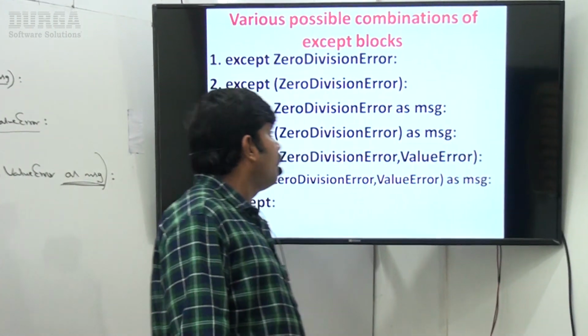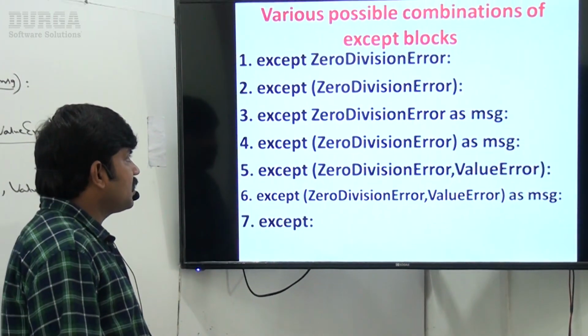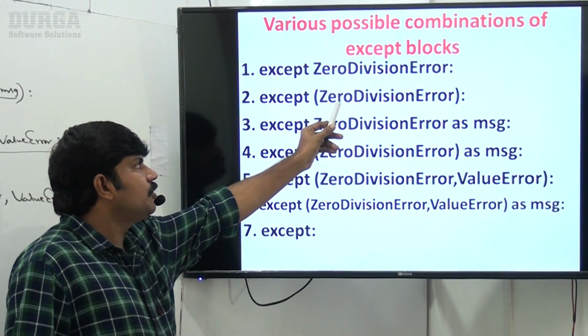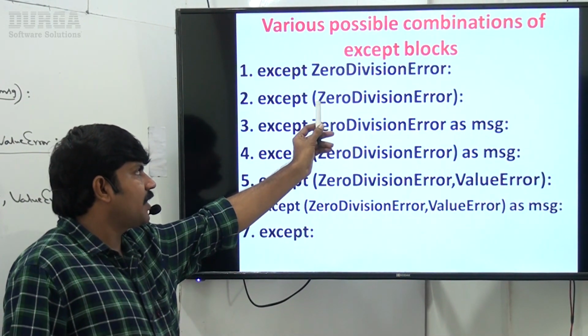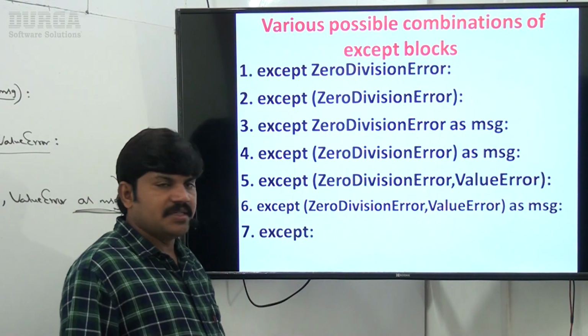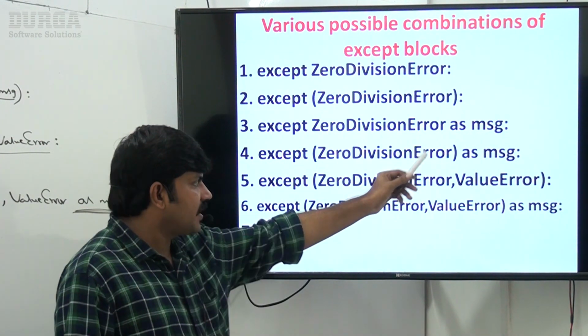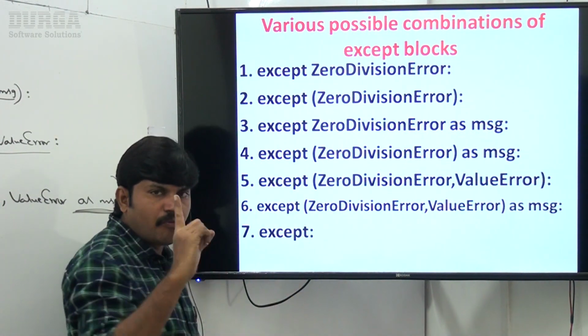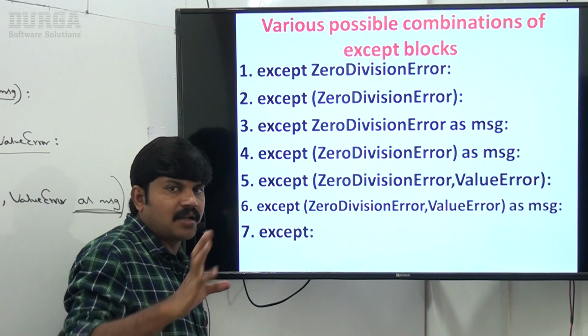Here, see this one. What are the various possible combinations of except blocks? Except ZeroDivisionError, and ZeroDivisionError within parentheses, acceptable. Except ZeroDivisionError as message, valid. So if you are going to handle one exception, parentheses are optional.